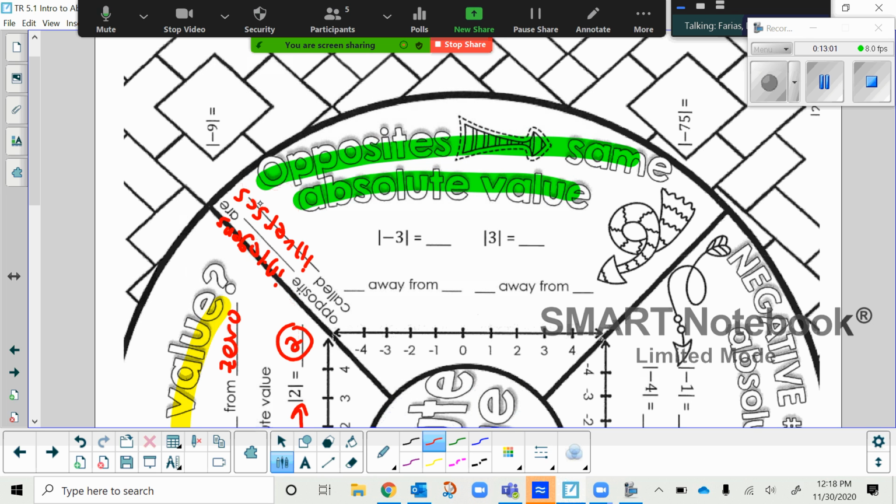So the absolute value of -3 is +3. Notice how you write the 3 and the bars are gone. The absolute value of 3 is 3. They have the same answer. They are both 3 away from 0: -3, and +3 is also 3 away from 0.